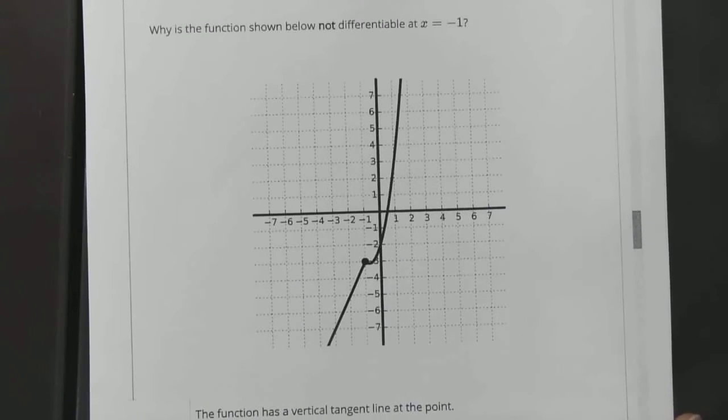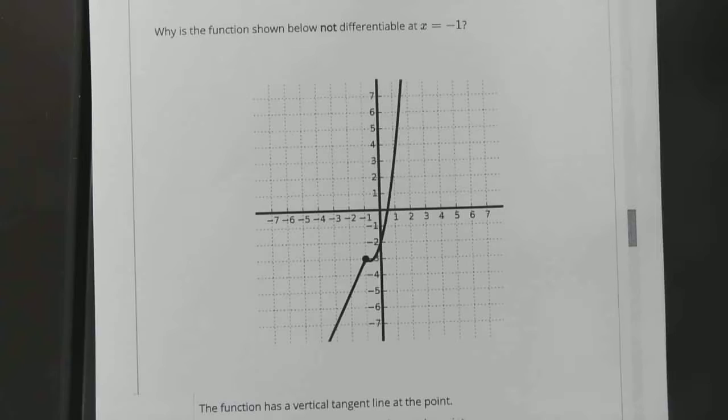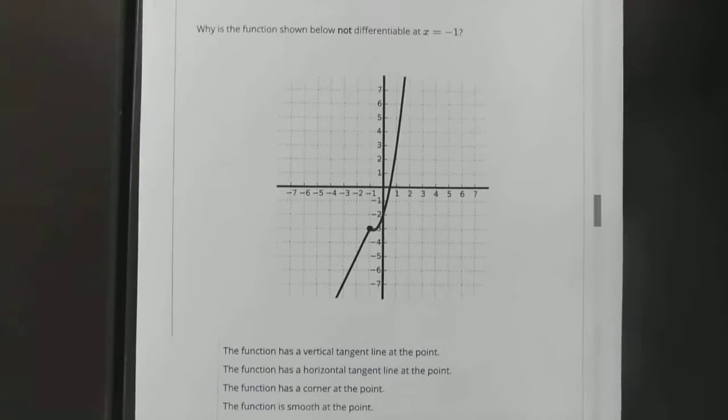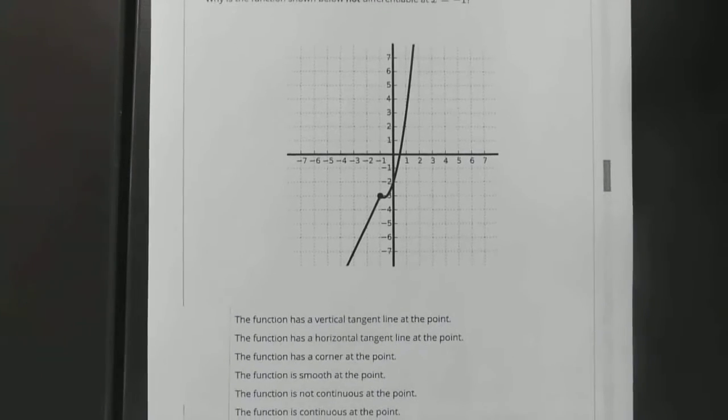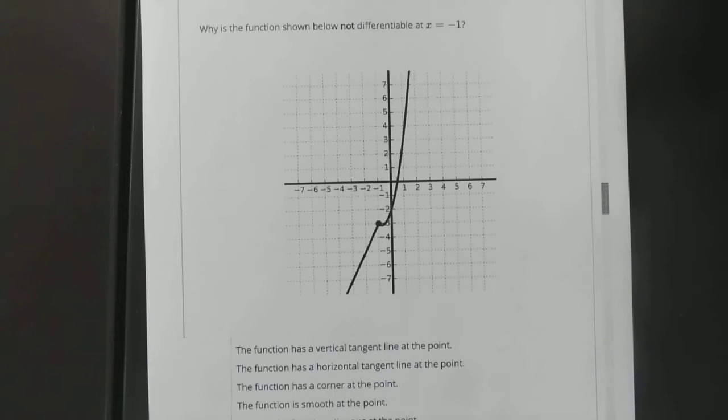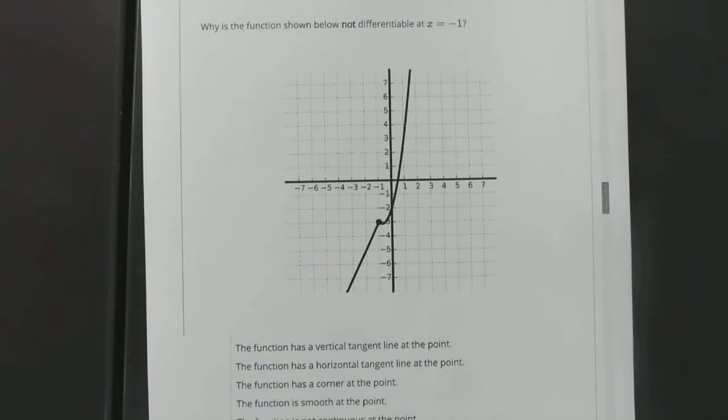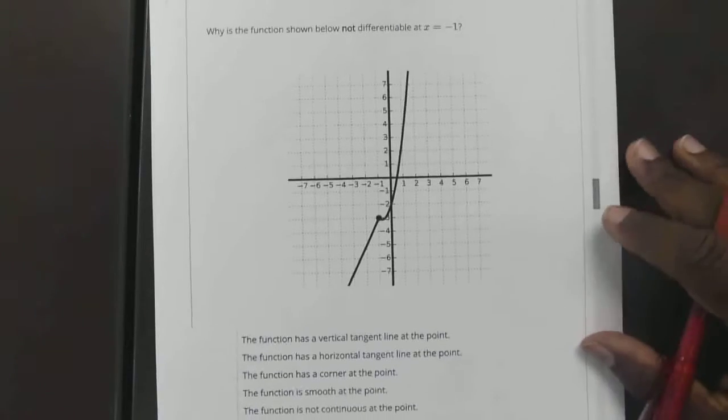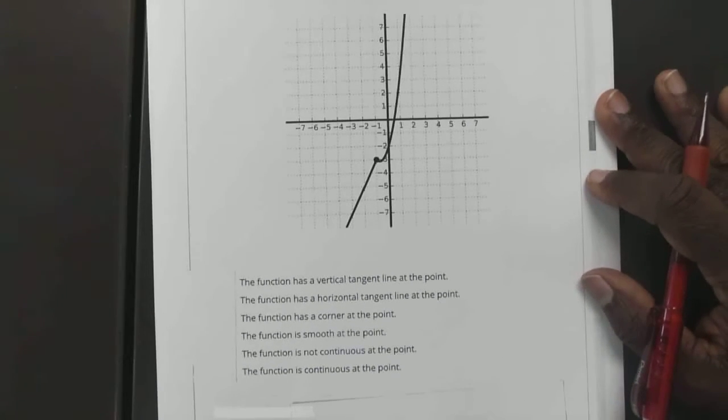Okay, and let me zoom out a little bit. Want to know why this function is not differentiable at x equals -1. And as soon as that moves out of the way, there we go.